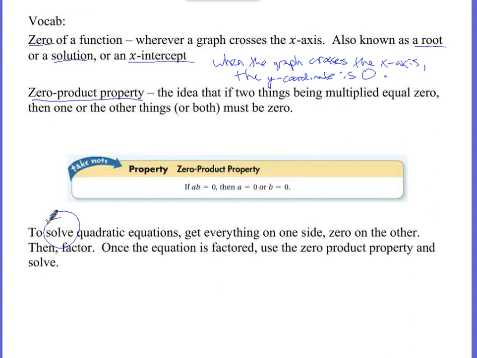You'll wind up with what we were working on yesterday, but then equals 0 on the other side. And this is basically the zero product property right here. We have something, I don't know what it is, times something else, I don't know what it is, equals 0, which means that this equals 0 or this equals 0. So then I can split it up.